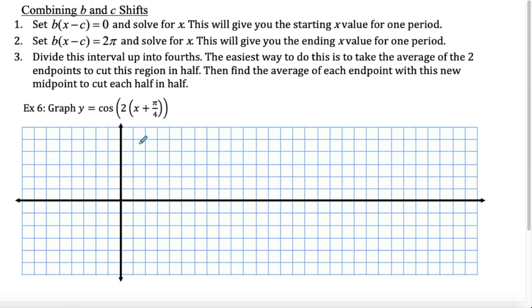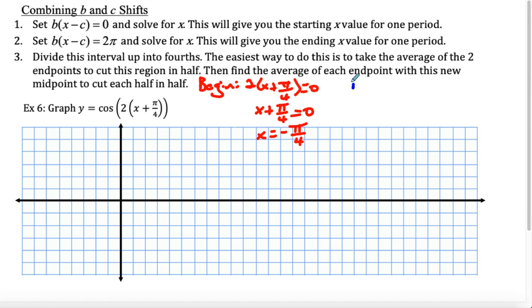Let's do one last example, cosine. So again, to begin, I want to set that whole thing on the inside equal to 0. So 2 times x plus pi over 4 equals 0. Divide both sides by 2, and we'll just get x plus pi over 4 equals 0. Subtract the pi over 4, and we can see that we are beginning at negative pi over 4.